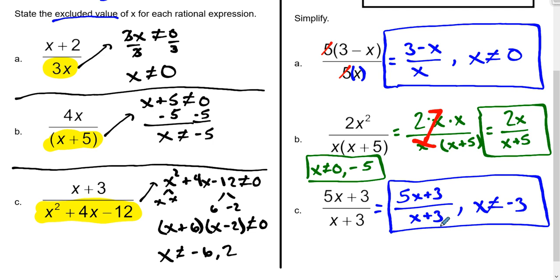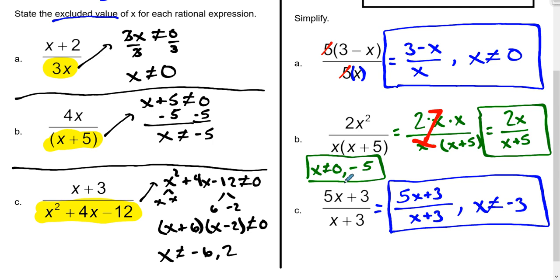Look, we got plus 3. We got a plus 3. They on top of each other. Bam, bam, they gone. Oh, look, we got x on the top. We got x on the bottom. Oh, that's the same thing. Bam, bam, they gone. All this left is 5. I'm so smart. Except for no, you're not. That's not how math works. And sometimes recognizing what not to do helps us remember what it is that we should be doing.